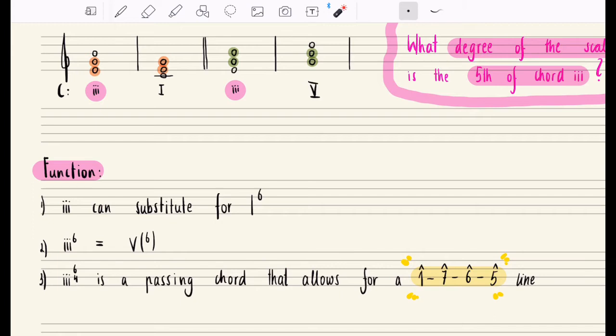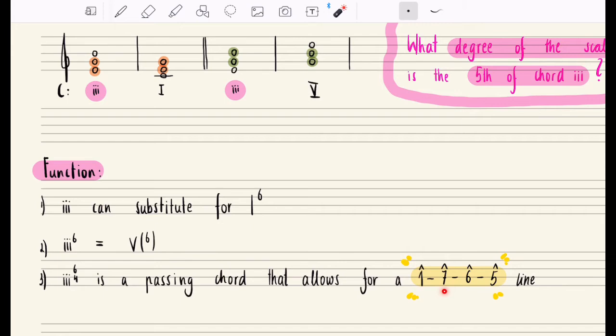And this is why we can have, for example, a bass line that goes like this. First the first degree of the scale and the seventh degree of the scale. Normally, if that were the leading tone of, for example, chord 5-7, we would have to resolve that leading tone going up.